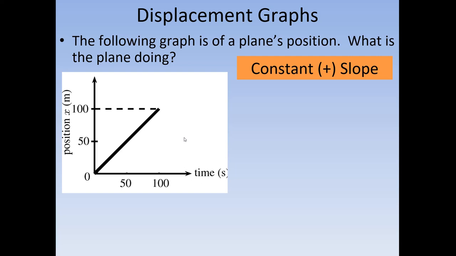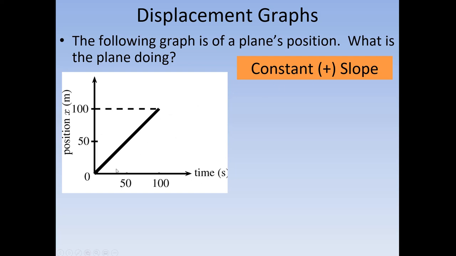Don't get that confused with me saying that this is a constant slope. So this graph is changing. It's just changing at a constant rate. So try to make sure that you differentiate a graph that is constant, like in the previous graph, and a graph that has a constant slope.